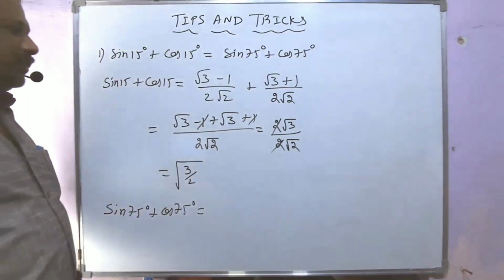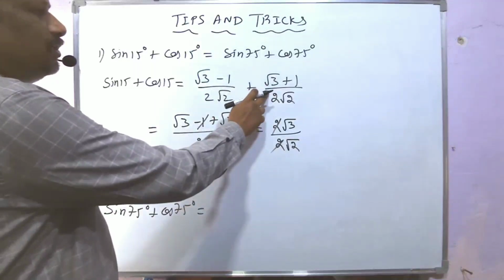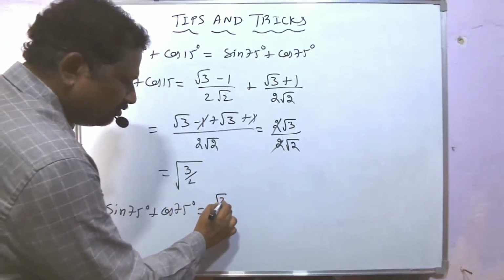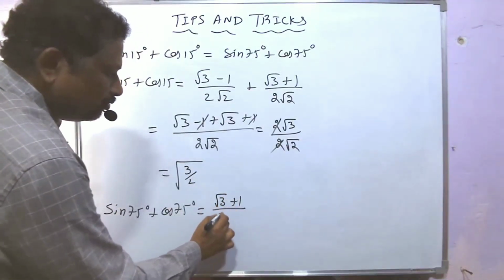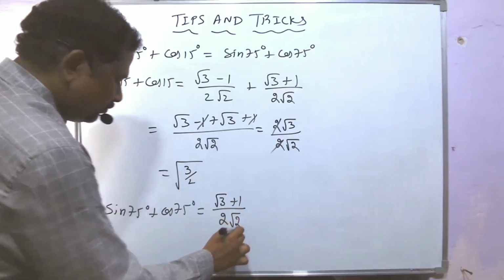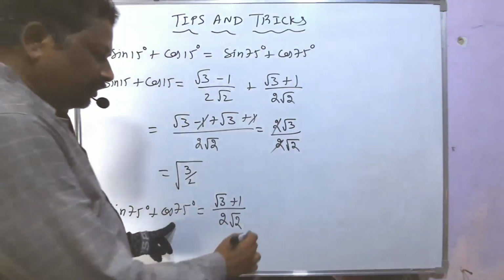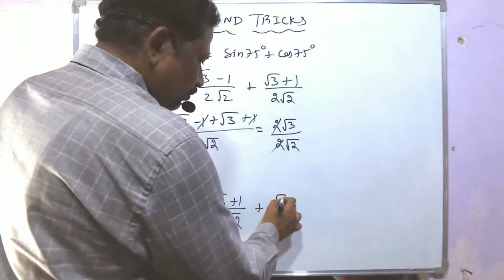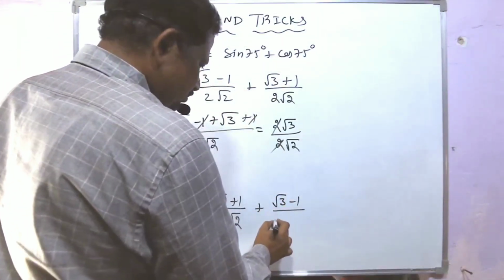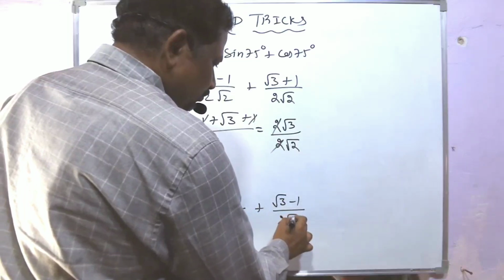Cos 15 degrees is the sin 75. What is cos 15 degrees? This will get the same value, root 3 plus 1 by 2 root 2. That is the sin 75 degrees value. In the same way, cos 75 degrees value is root 3 minus 1 by 2 root 2.